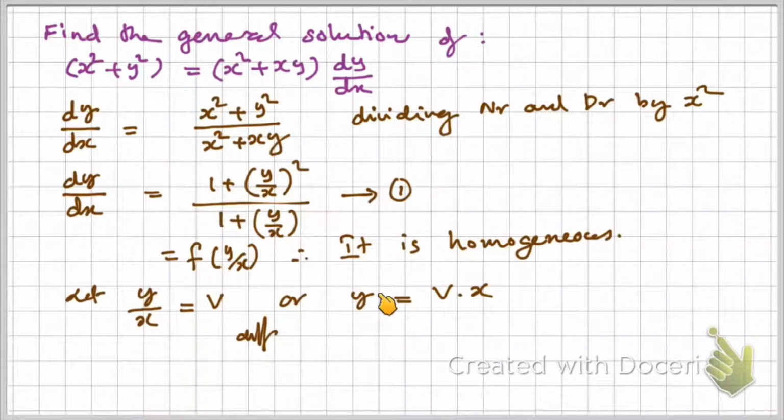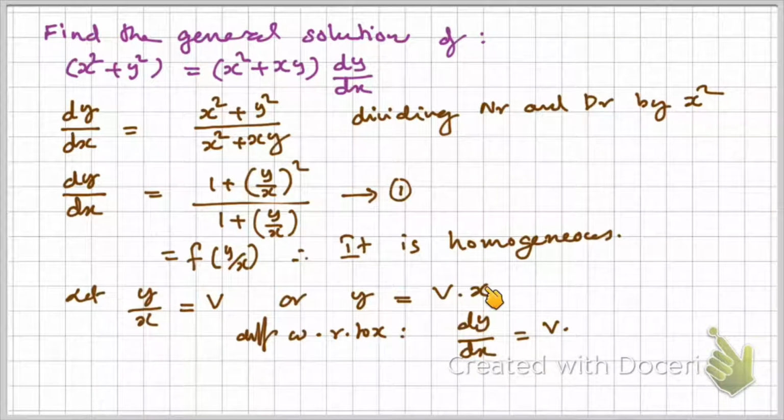When I differentiate this relation with respect to x, y will become dy by dx. But on the right hand side, I have product rule to be applied. So differentiating with respect to x, dy by dx is equal to product rule. Applying the uv rule, u into v dash plus v into u dash. So v into derivative of the second, derivative of x is 1, plus second function x into derivative of the first is v.